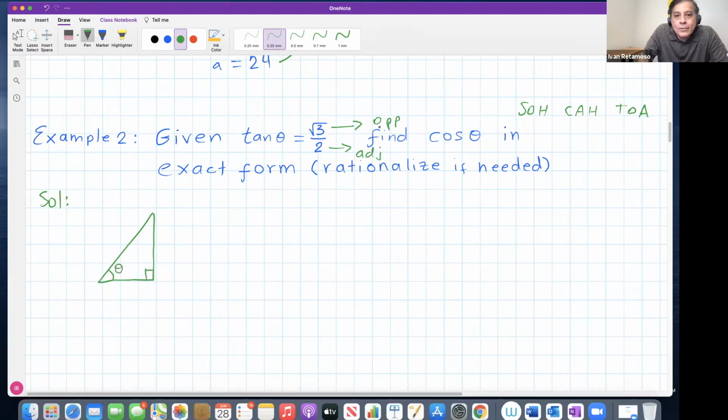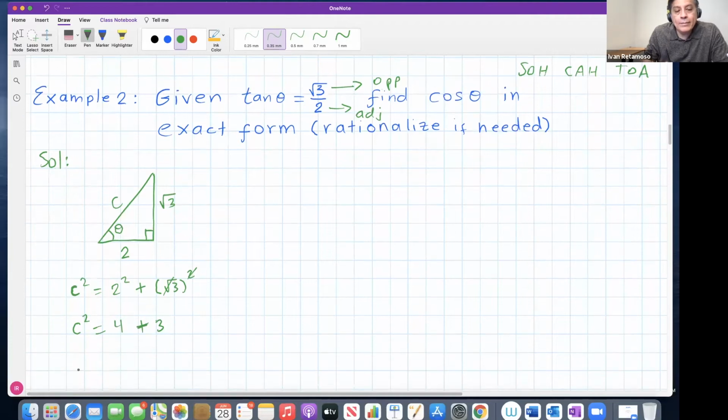Opposite is the square root of 3, adjacent 2. This time, the hypotenuse is missing in length. So no problem, because we have the theorem of Pythagoras that's going to help us to find this side length C, right? C squared will be equal to what? 2 squared, 4. The square root of 3 is canceled with the square, right? This is just 3.